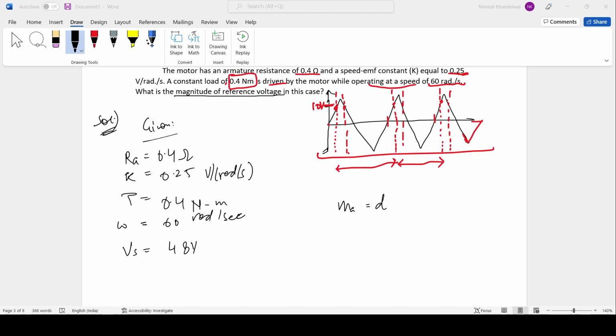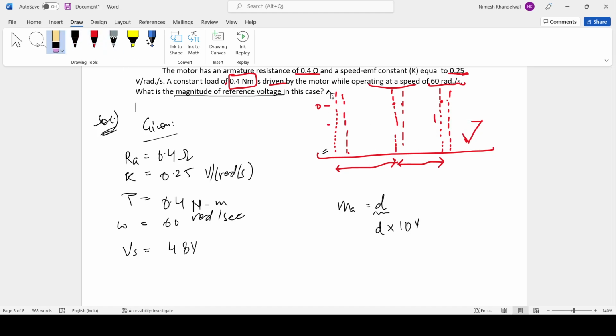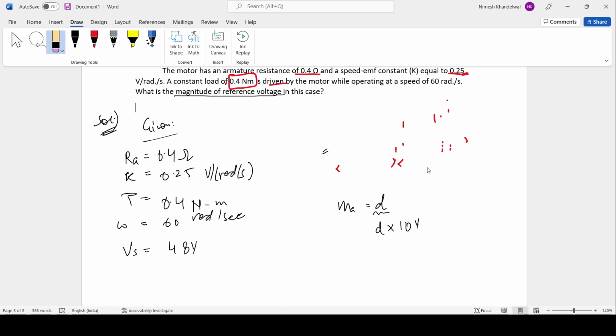Whatever the duty cycle is, the duty cycle multiplied by the peak voltage here gives us the magnitude of the reference voltage that we need to provide. I'll just clean this here.